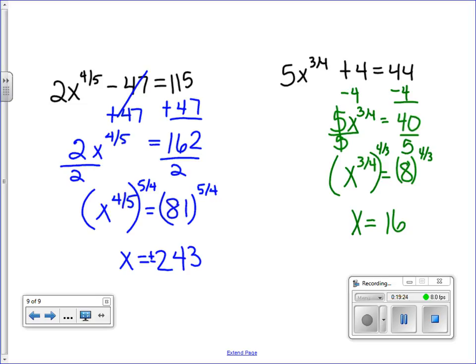No, it had to be a positive 2 that got us there, which is 16. If it's an even number denominator, you need a plus or minus. If it's an odd number denominator, you can just leave it with the answer how it is.